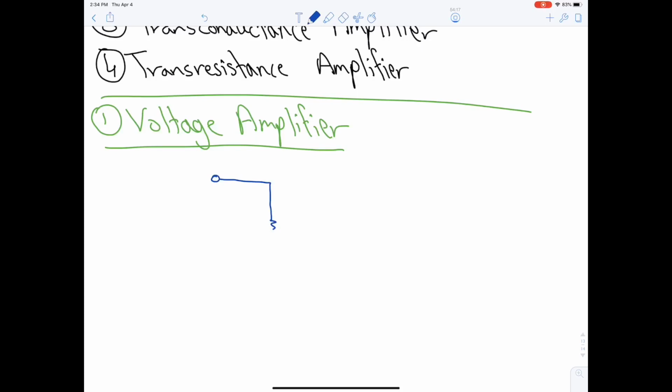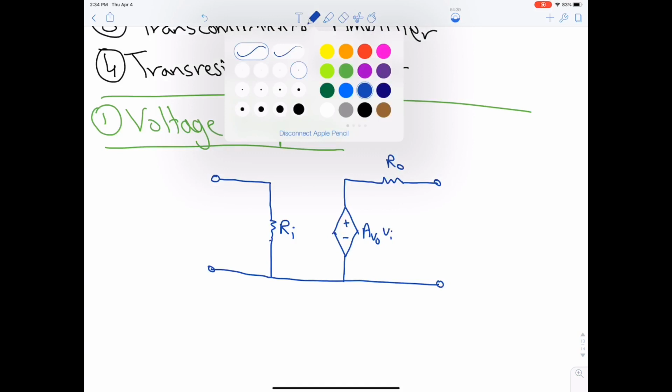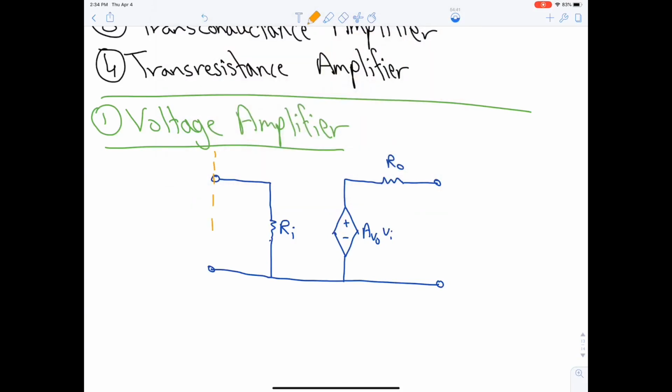It looks like this, Ri. Okay, and we have a dependent voltage source, AV naught Vi. Here we have Ro. So this is the interior of a voltage amplifier. Actually, all of this is inside the actual amplifier, if you can visualize it like this.